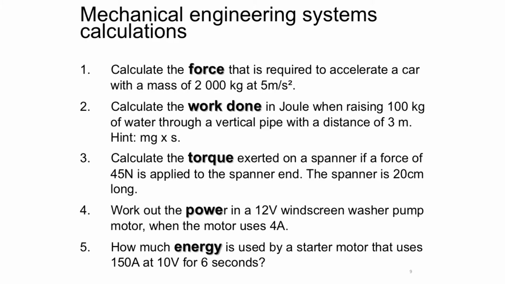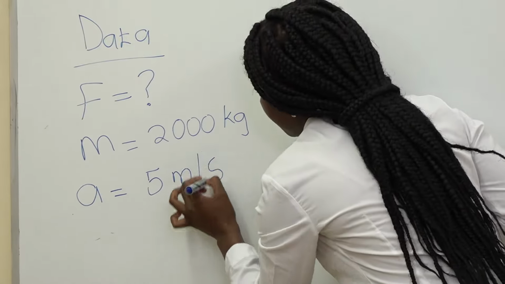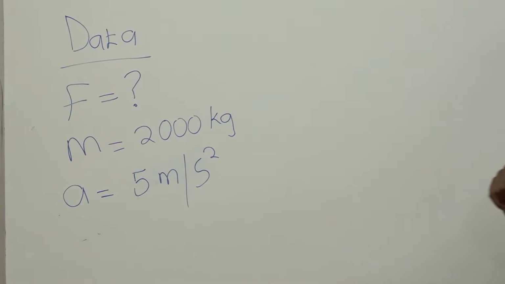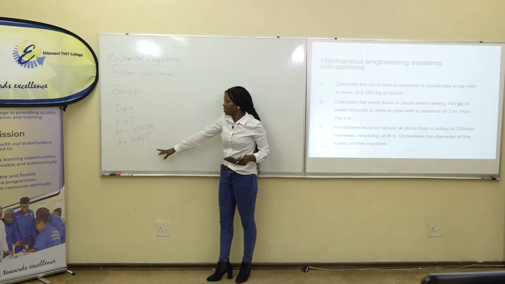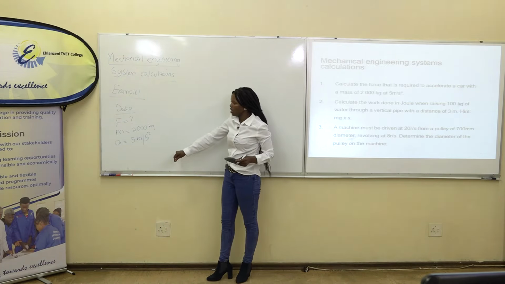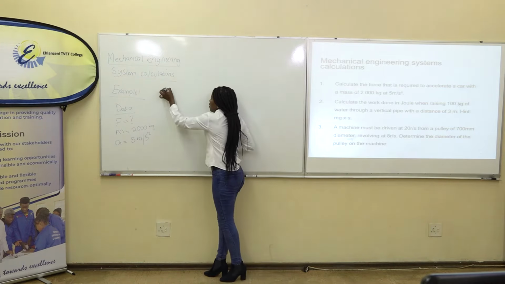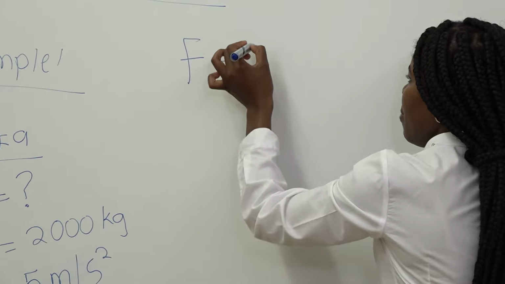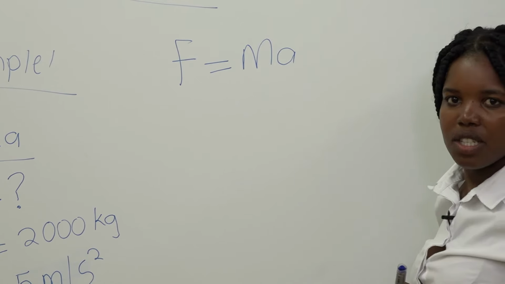And then we are also given our acceleration, which is 5 meters per second squared. Therefore, since we are given the mass, m, and the acceleration, a, and we know that if you want to calculate the force, you simply say your F is given by your mass multiplied by your acceleration.